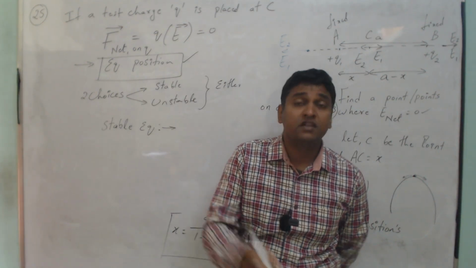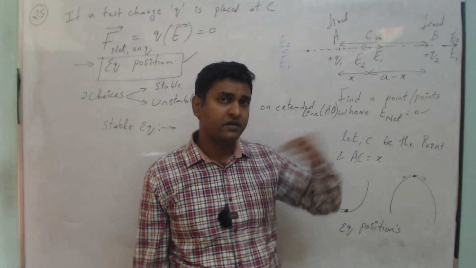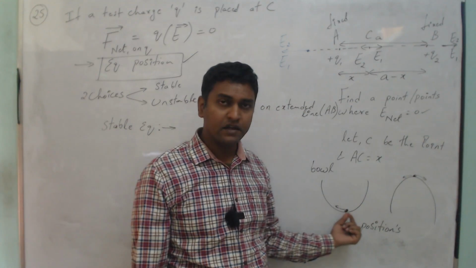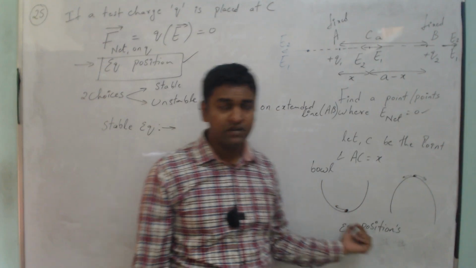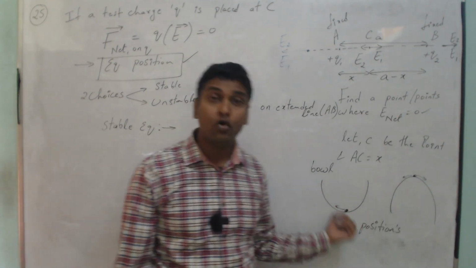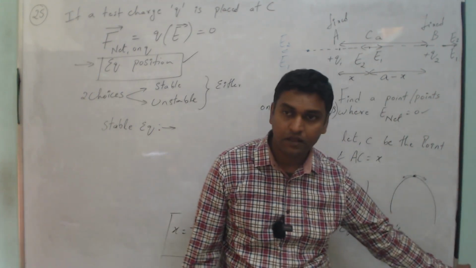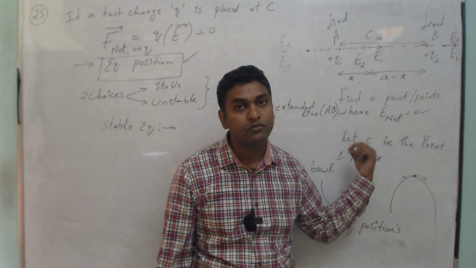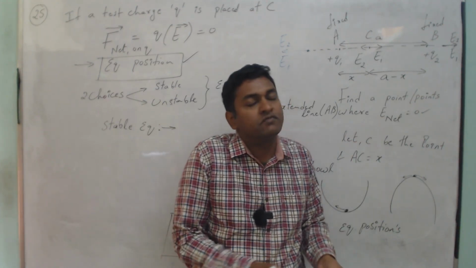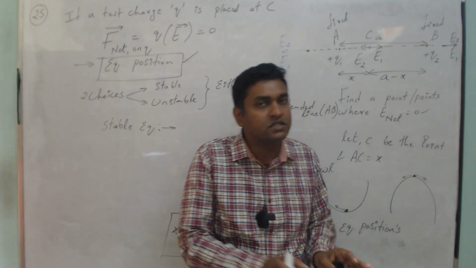To check stable or unstable equilibrium, we have to start rendering the movie in our head: if I move it slightly, will it come back to its original position? Will it come back to its equilibrium position, or will it go away and never come back? If it comes back to its original equilibrium position, it's a stable equilibrium.